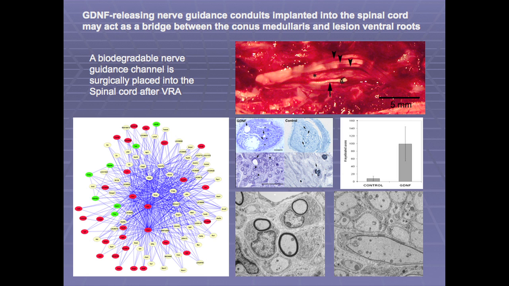And in our gene expression studies, we have seen a variety of growth factors, and one of them is a growth factor called GDNF, which is normally very important for motor neurons. And when we look at GDNF in these studies, we're not only able to see that GDNF is secreted, but also in these types of network analyses, we can also see how GDNF is connected to other genes that are regulated inside of these injured roots.